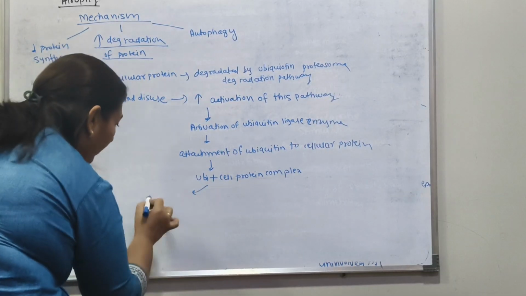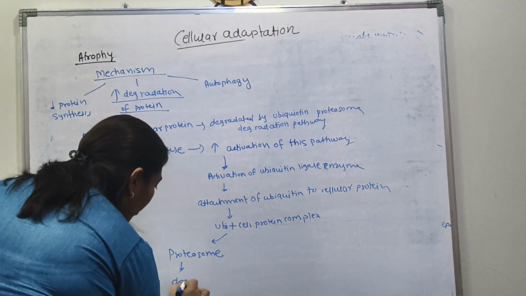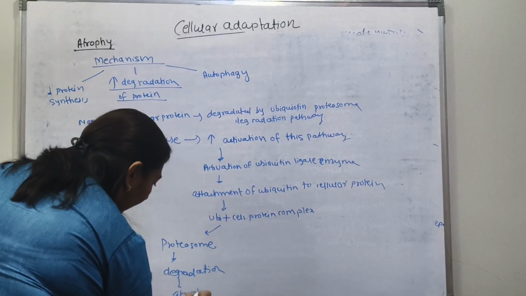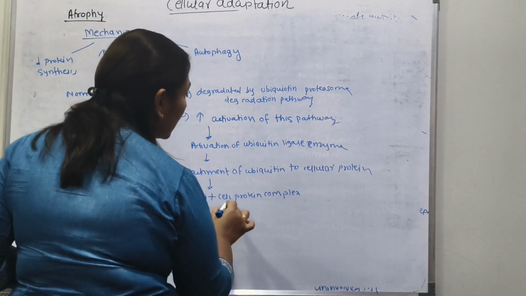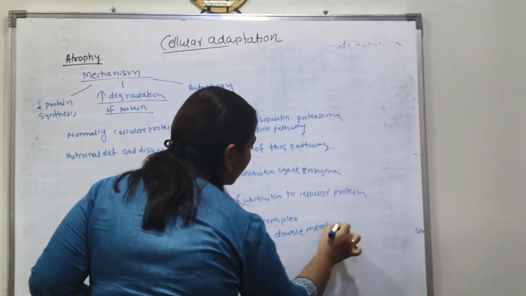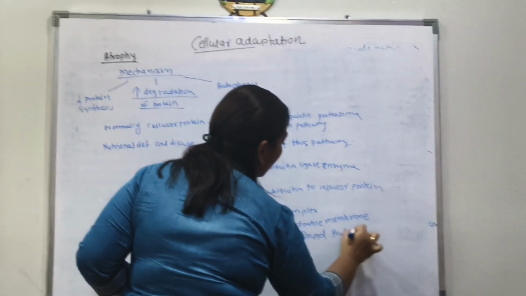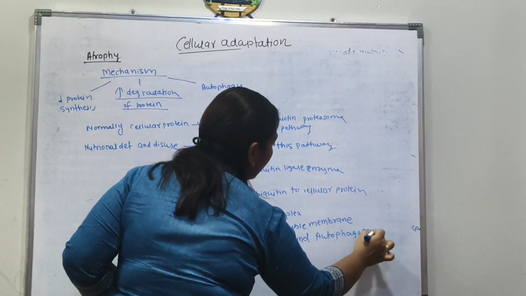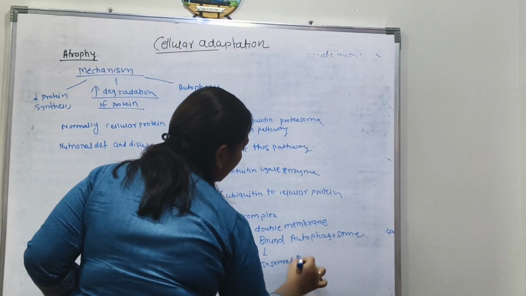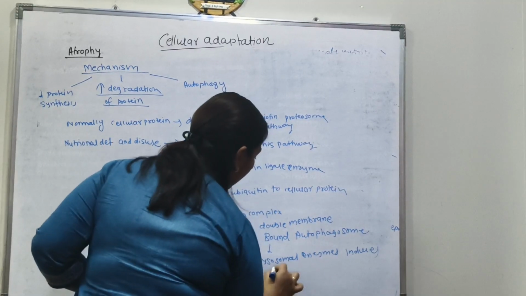When this complex is taken up by the proteasome, it causes its degradation, so that leads to atrophy. And when the ubiquitin cellular protein complex is taken up by the double membrane bound autophagosome, then the lysosomal enzymes present in it induce its degradation.